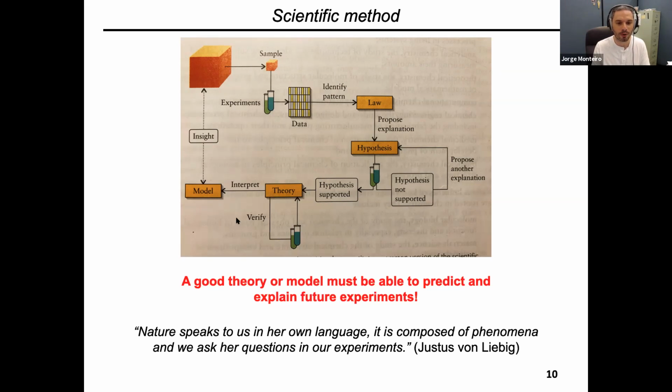So we are always looking for a better model or a better theory. A good theory or model must be able to predict and explain future experiments. That's the main characteristic of a good theory or a good model.